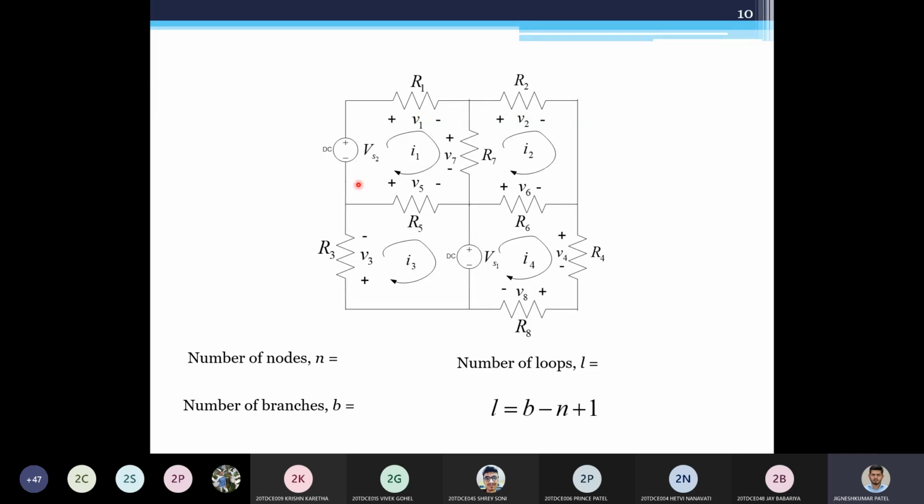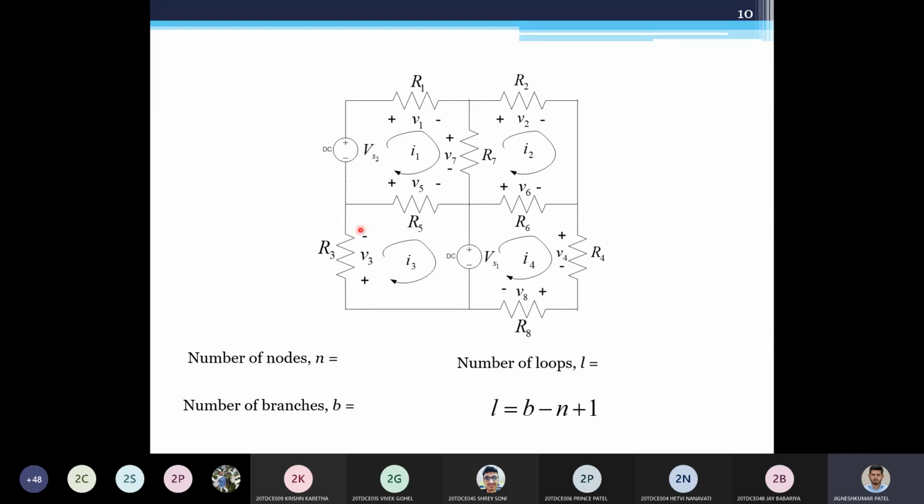So if I travel around this loop, what I can see here is this is my rising potential, I'll write Vs2. Then this is a drop in potential, I'll write minus V1. Then I'll write minus V7, and then I have a negative over here, positive over here, so I'll write plus V5. This is the assumed scenario. That's why we are taking it like this. Otherwise, if I consider I1 in this direction, I'll take positive over here, negative over here, so my V5 will actually be I5 times R5, but with a negative sign.